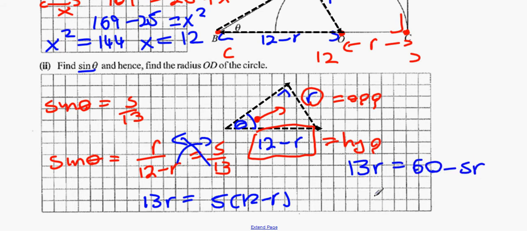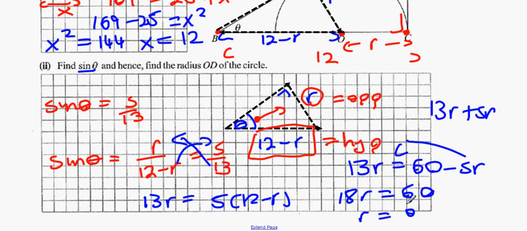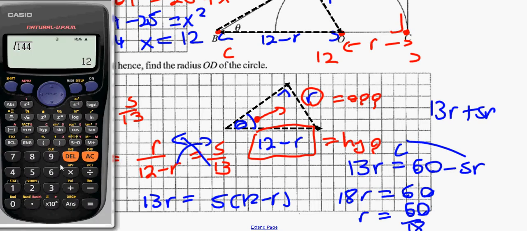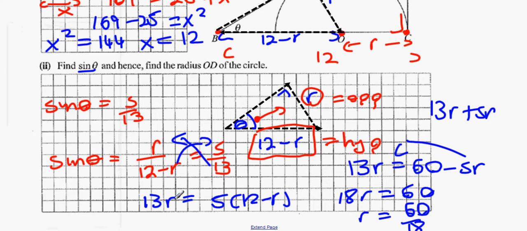Bring over the 5R to the other side, so 13R plus 5R is 18R. 18R equals 60. R therefore equals 60 divided by 18. So just go and check your calculator for that. And it's going to be 10 over 3 or 3.333. So R equals 3.333 or 10 over 3. Okay.